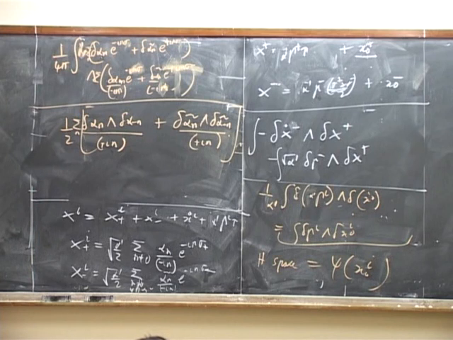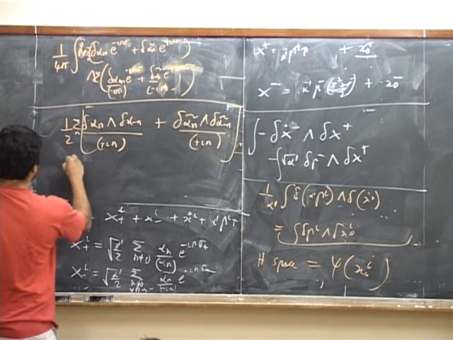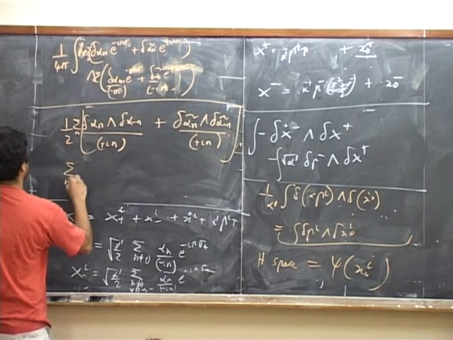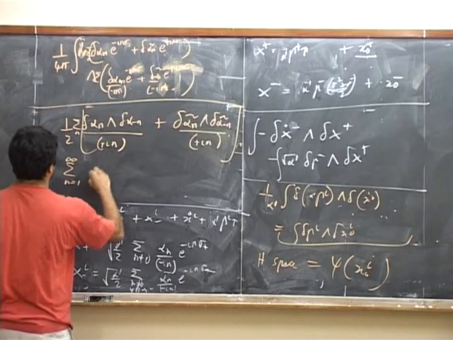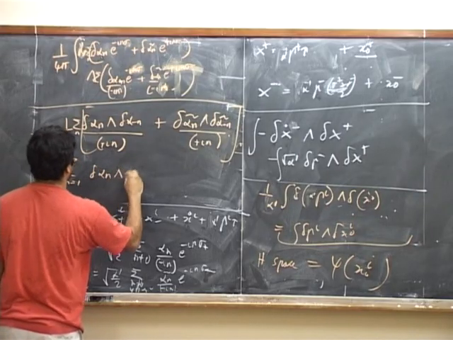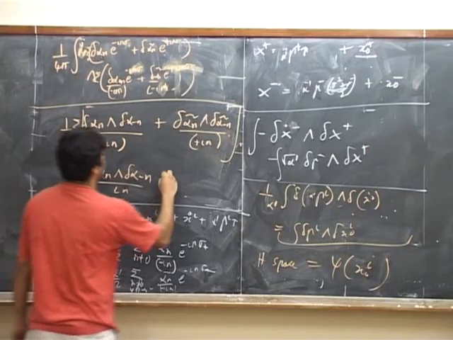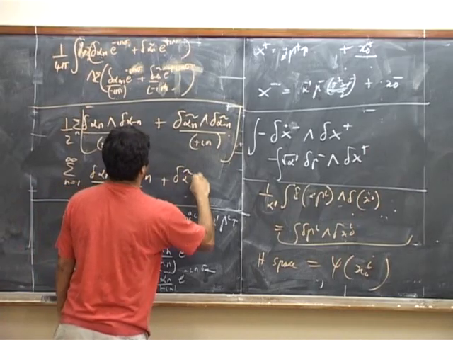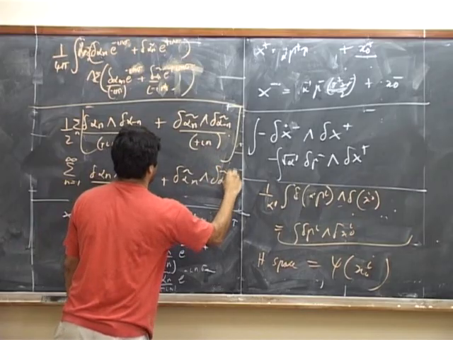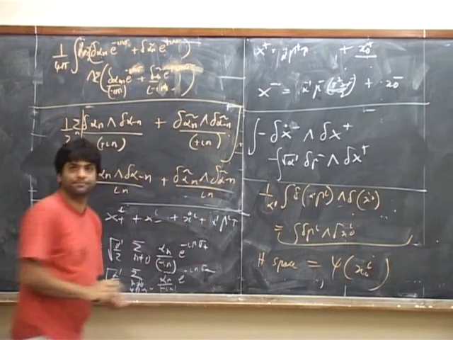The key point was that the bracket was between n and minus n instead of n and n. Therefore, this thing can be written as the sum from n equals 1 to infinity of delta alpha n wedge delta alpha minus n divided by i n, plus delta alpha tilde n wedge delta alpha tilde minus n divided by i n.